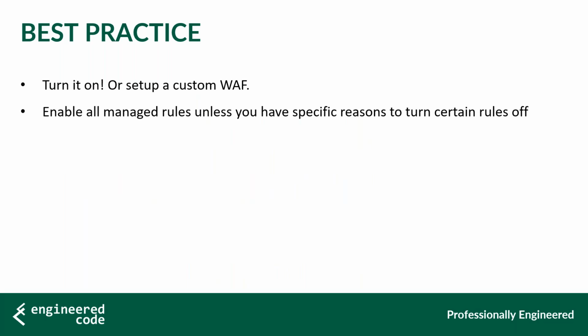And then enable all the managed rules, again, unless you have a specific reason to turn certain rules off. So the way that we approach it is, yeah, turn them all on. If during testing you discover that you've done something really different that is picked up by one of those rules, then maybe you have to turn it off.